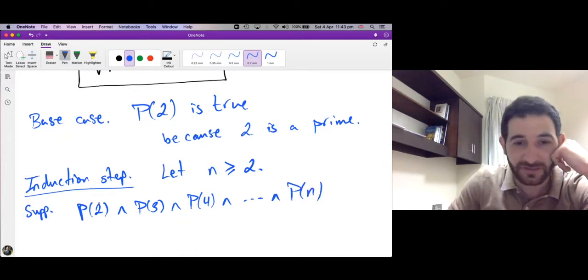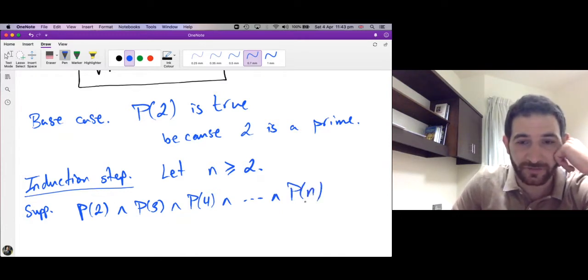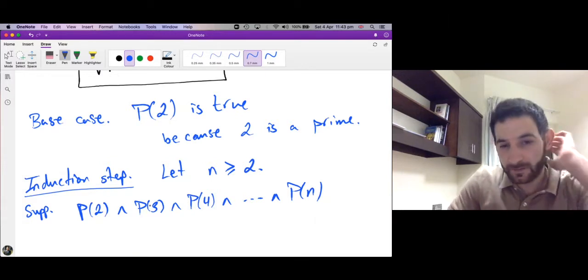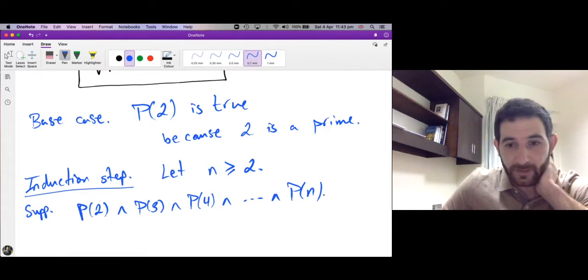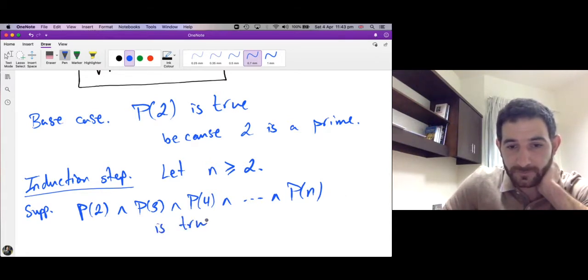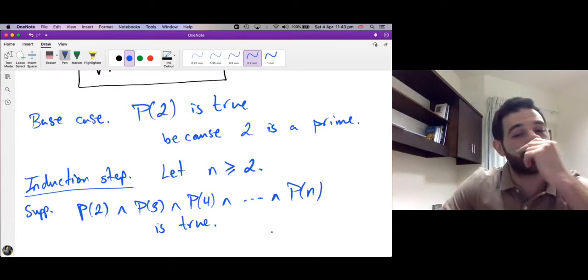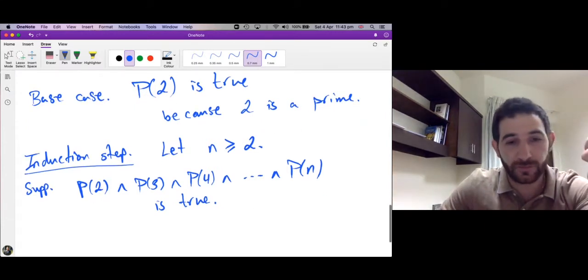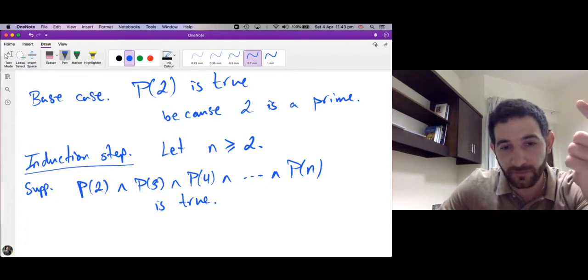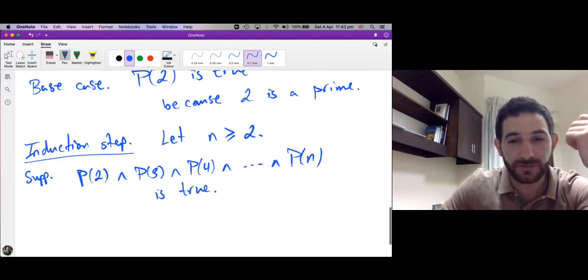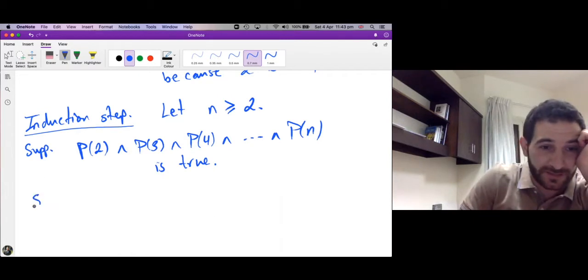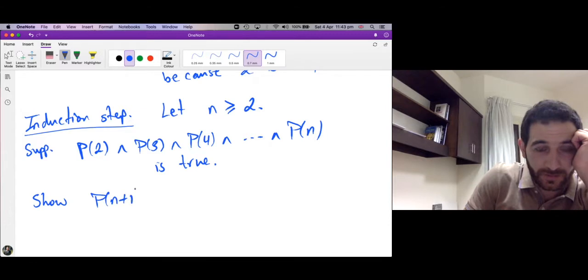So suppose all of this, a conjunction of n minus 1 statements, is true. What are we assuming? We are assuming that 2 is a product of primes, 3 is a product of primes, 4 is a product of primes, up to n is a product of primes. And now our task is to show that P of n plus 1 is true.